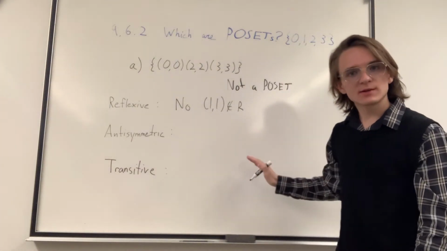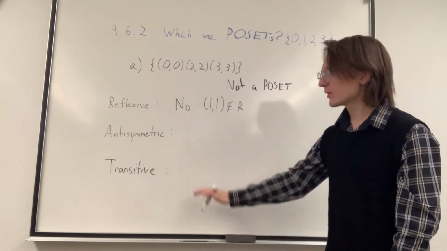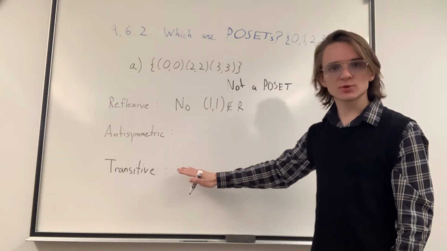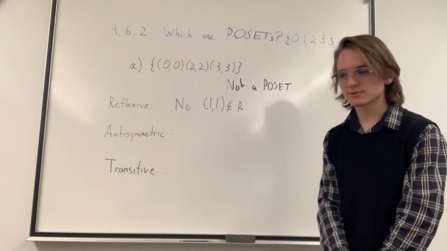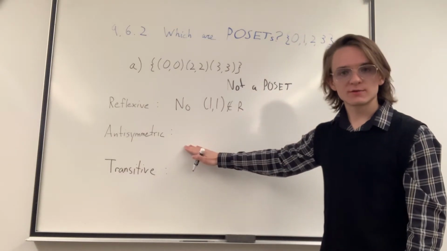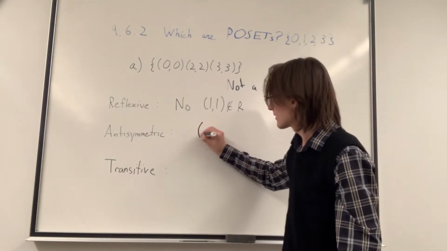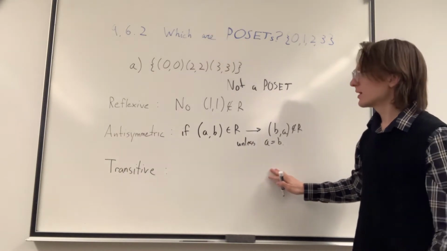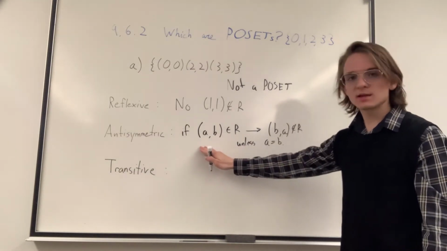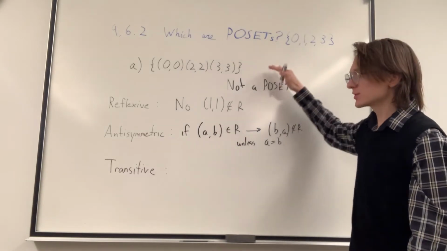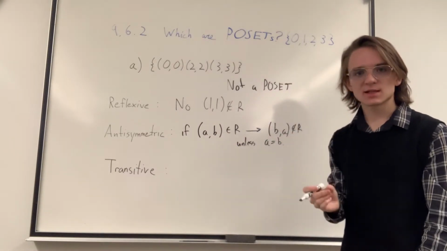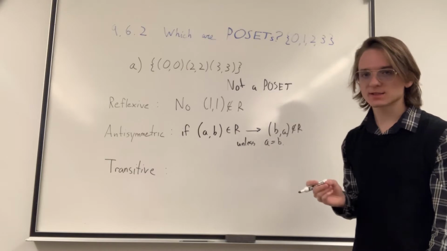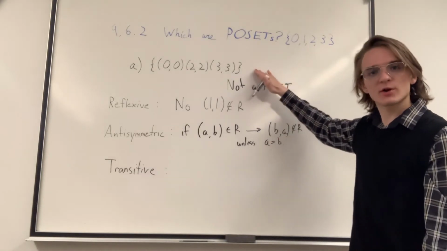However, we can continue. Let's also determine whether it is antisymmetric and/or transitive, just to test ourselves. Recall the definition of antisymmetry. So recalling this definition, let's determine whether there are any pairs within this relation in which the left-hand side does not match the right-hand side. And well, there are none.